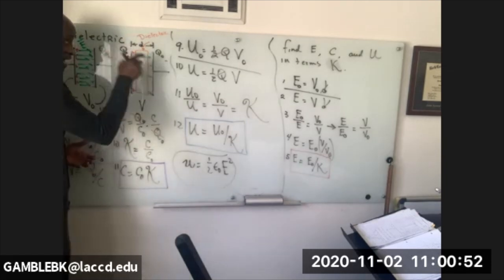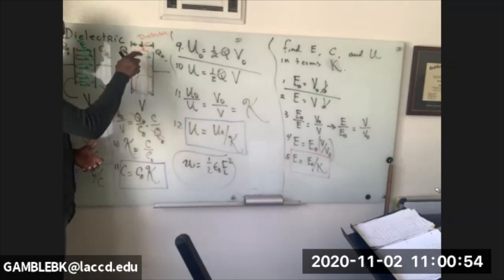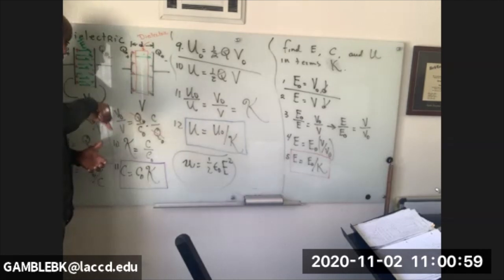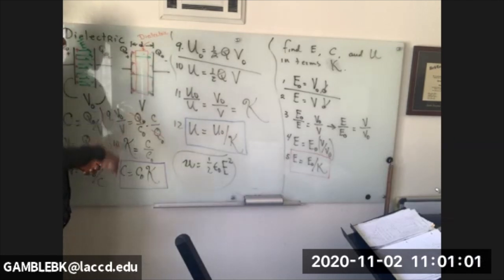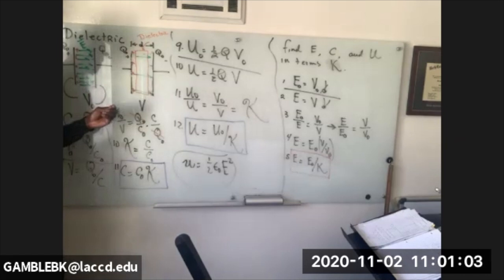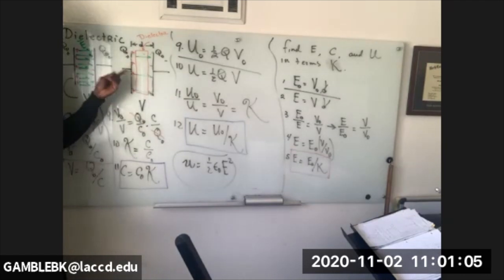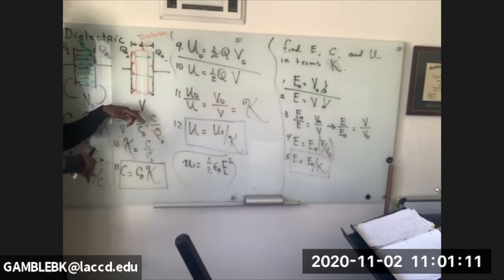So if I now take that same capacitor with a dielectric in it and place it back into that same circuit with that same battery, I will actually be able to put more charge on the capacitor because the potential is less than that of the battery.